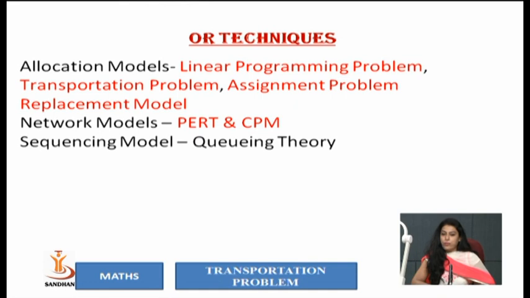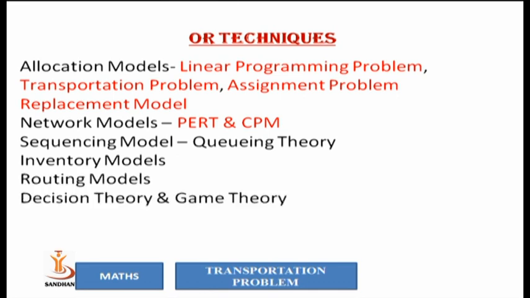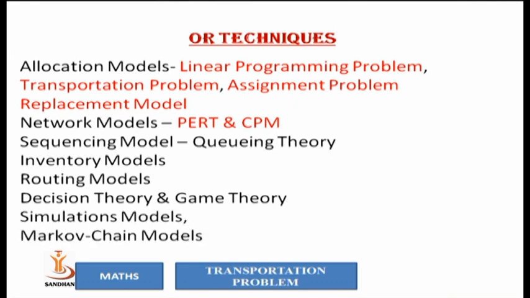We also have the sequencing model, which deals with queuing theory, and the inventory models, routing models, and a few more like decision theory, game theory, simulation models, and Markov chain models. Today, out of all these models, we are going to study the transportation problem.